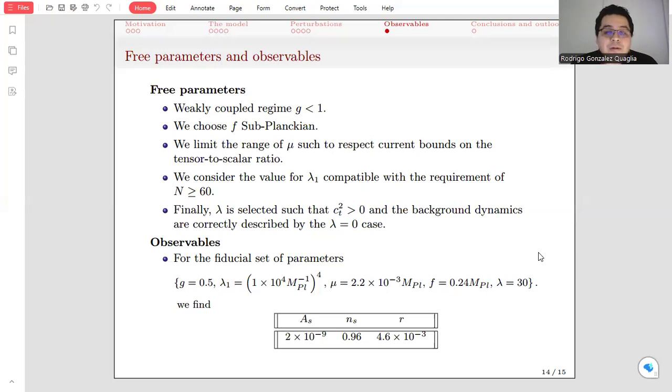We consider the value of lambda 1, which is compatible with the requirement to have at least 60 e-folds of inflation. And finally, we consider lambda such that it grants a positive sound speed squared, but small enough so that the background dynamics are well approximated by the lambda equals 0 case. Therefore, we choose this set of fiducial parameters for which we find this set of observables, which are in agreement with the latest CMB observations.